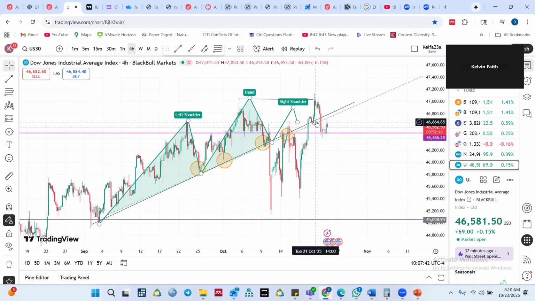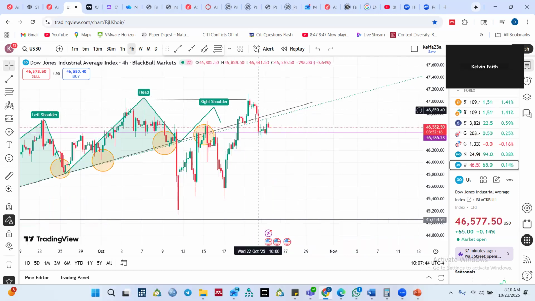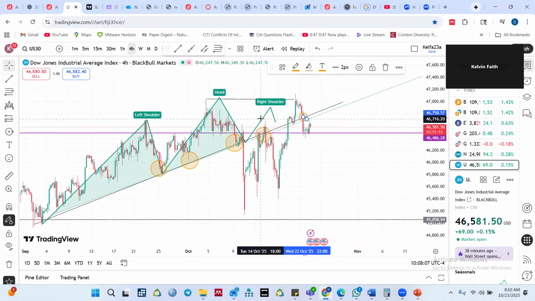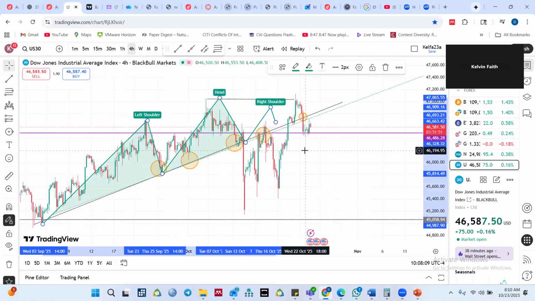Now, as it pushes up, it drops back into the range and then gives us a close below the neck, which is the trend line. So though we have double heads, we are below where price should be selling, according to this head and shoulders pattern.